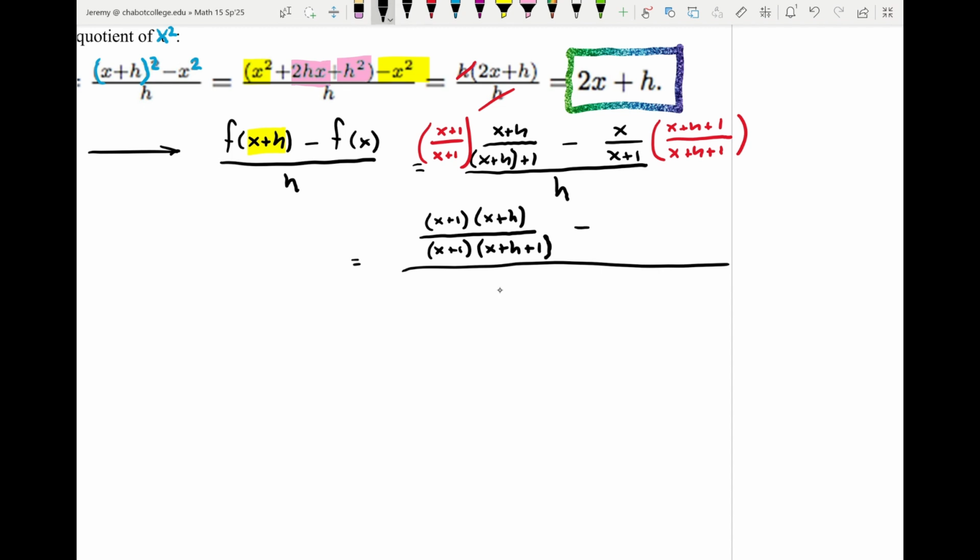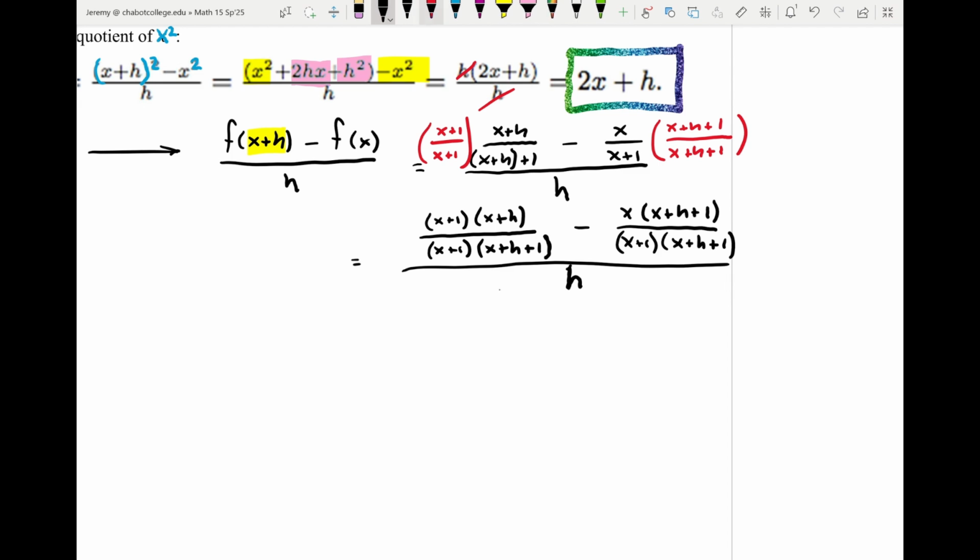And then subtracting from that, this other fraction will be x times x plus h plus 1 over x plus 1 times x plus h plus 1. Just multiplying straight across, still the whole thing is over h.